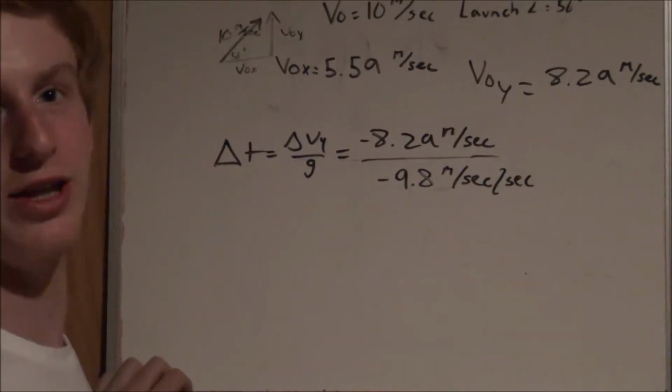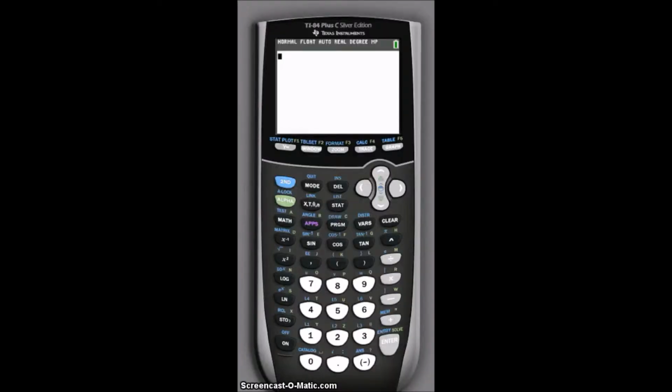We will now go to the calculator to do the math. First, you plug in the vertical velocity, negative 8.29 meters per second, divided by gravity, negative 9.8 meters per second squared.